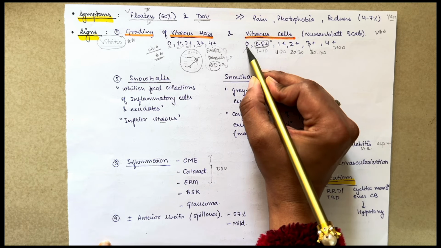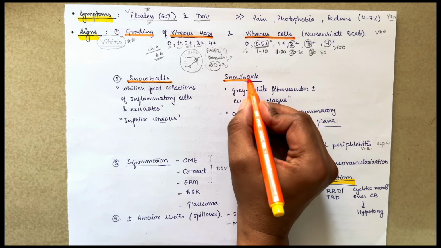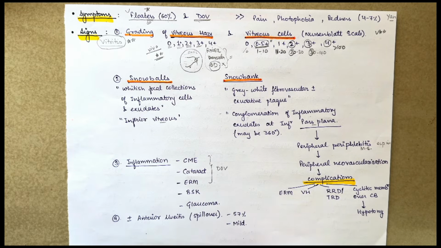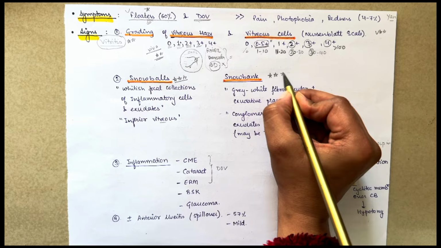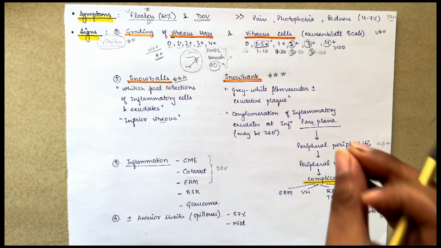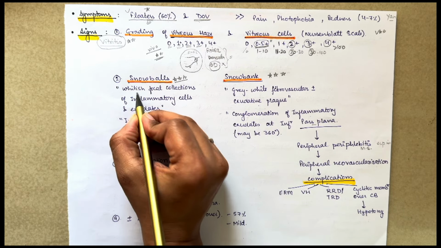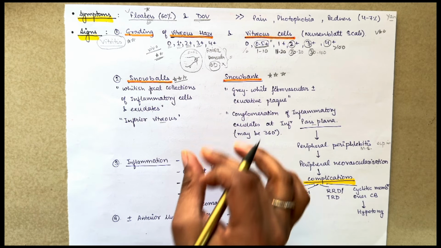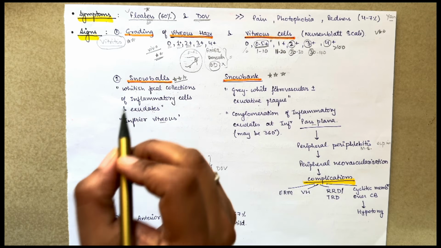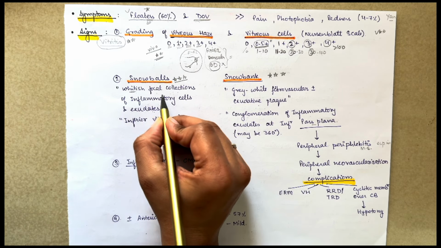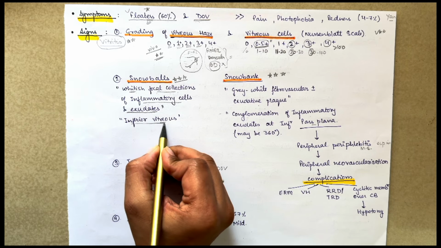Next important sign in intermediate uveitis, we always talk about it. It is all about snowballs and snowbanking. It is a very, very important part of this topic because examiners will definitely ask you the difference between snowballs and snowbank. So you have to remember these words to tell them, because they want to listen to these words only. Snowballs are whitish focal collections of inflammatory cells and exudate in the inferior vitreous.